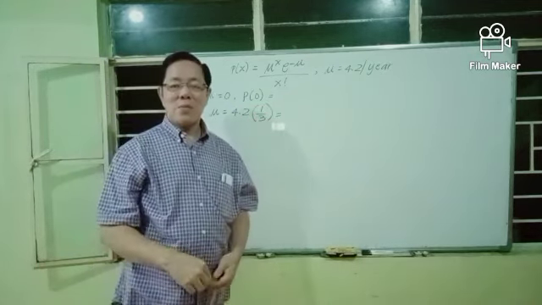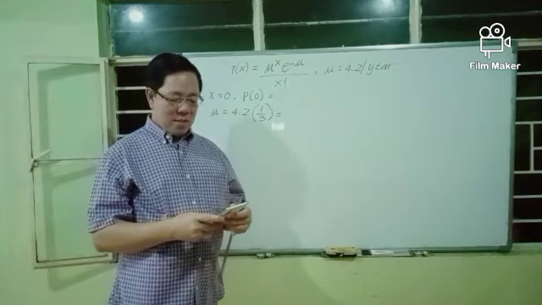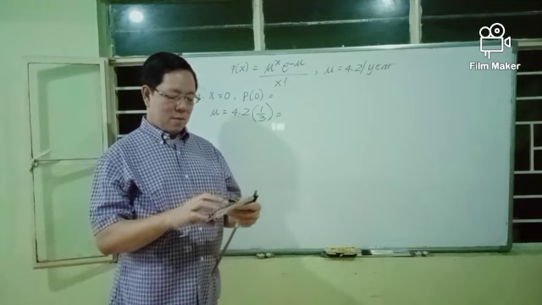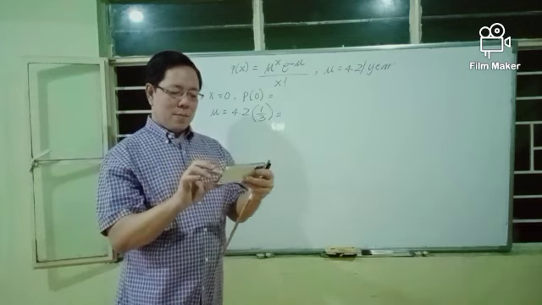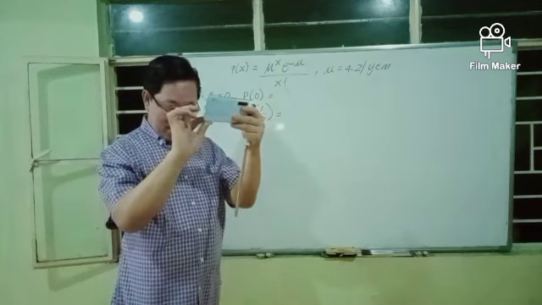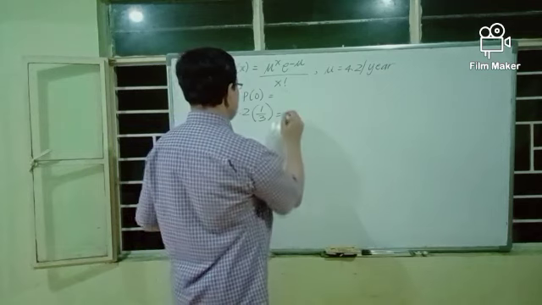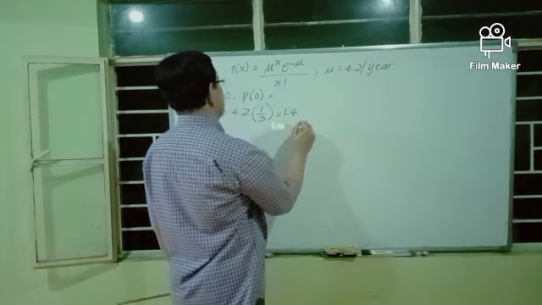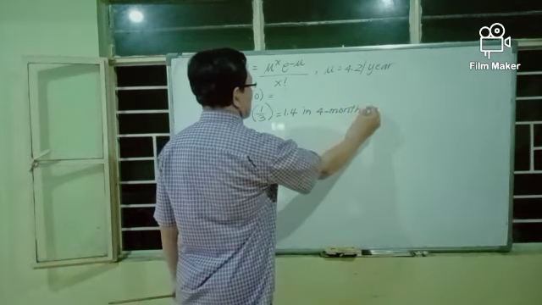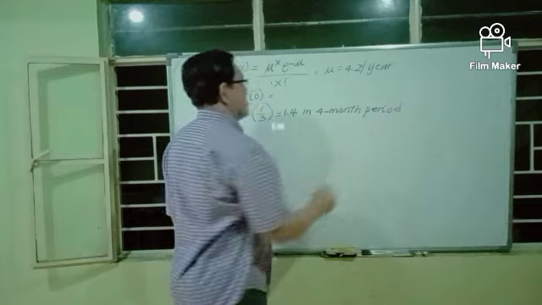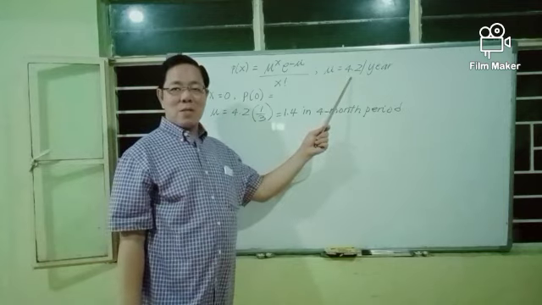And using our calculator, we divide 4.2 by 3 and we round it off to 2 decimal places. We have 4.2 divided by 3 is 1.4. The average number of power outages in a year is 4.2 power outages.